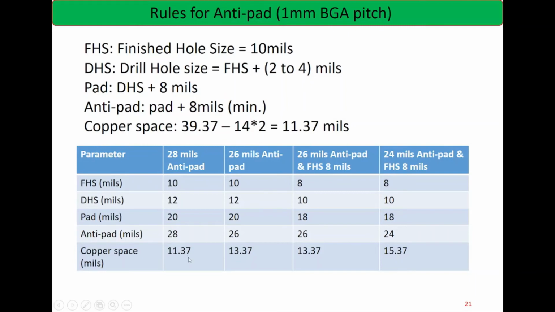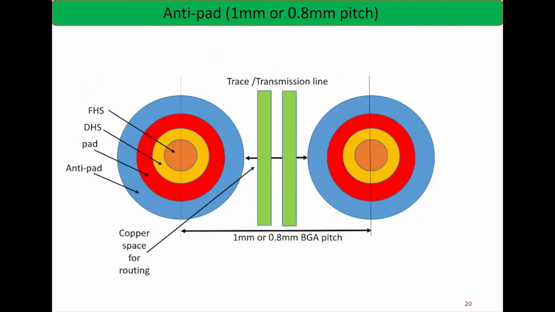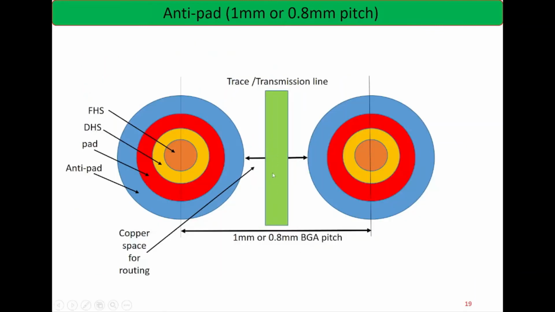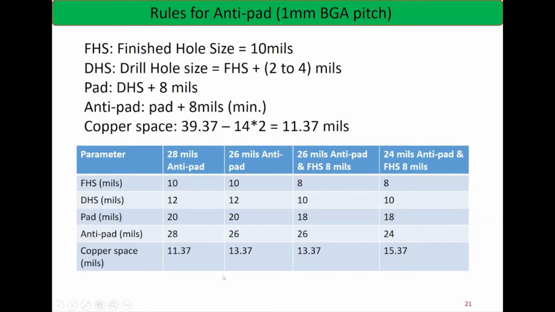Suppose you have a transmission line of 5 mil or 4 mil passing between this gap. If it is a 4 mil width transmission line, you need to have a 4 mil gap here and a 4 mil gap here, minimum. That is the requirement. So 12 mil, right? If you check 12 mil, it will not be met here, but I think this may be okay, or this may be okay.